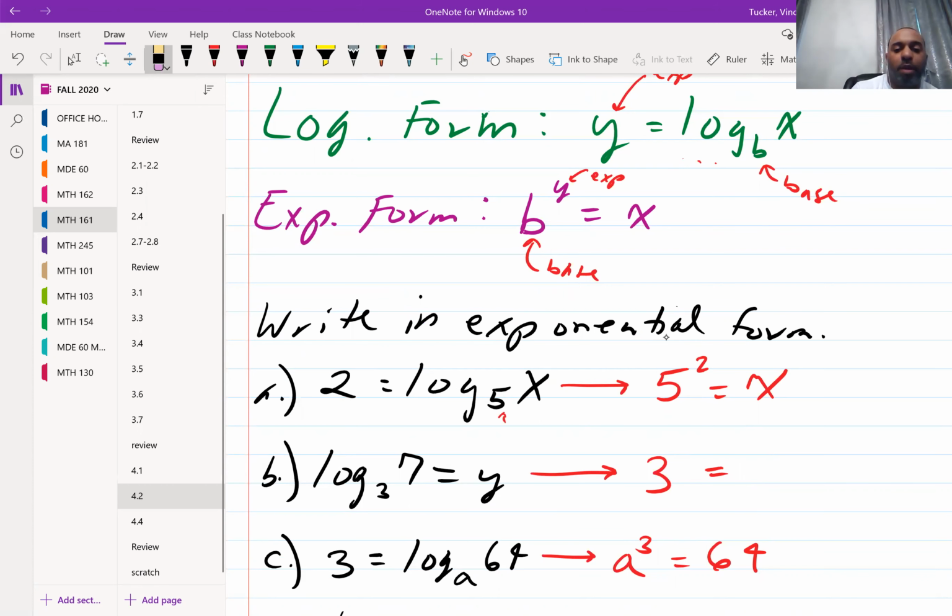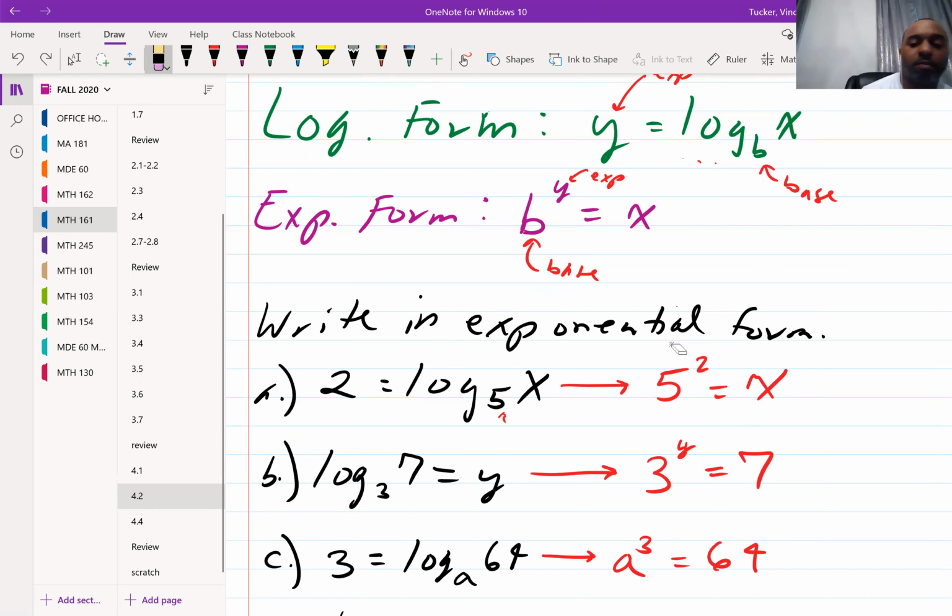Same thing with this log base 3 of 7 is equal to y. 3 is my base, so you write that first. Then what would be the exponent is the number on the other side of your equal sign, which is y, and that's equal to 7. And then 3 equal to log base a of 64. Same type of deal.